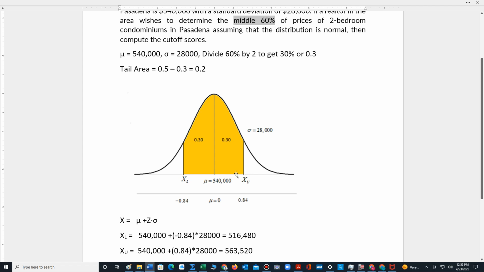So we don't have to look up this entire area in table E. We just use symmetry to find the right Z value, provided that these two areas are equal, which they are.